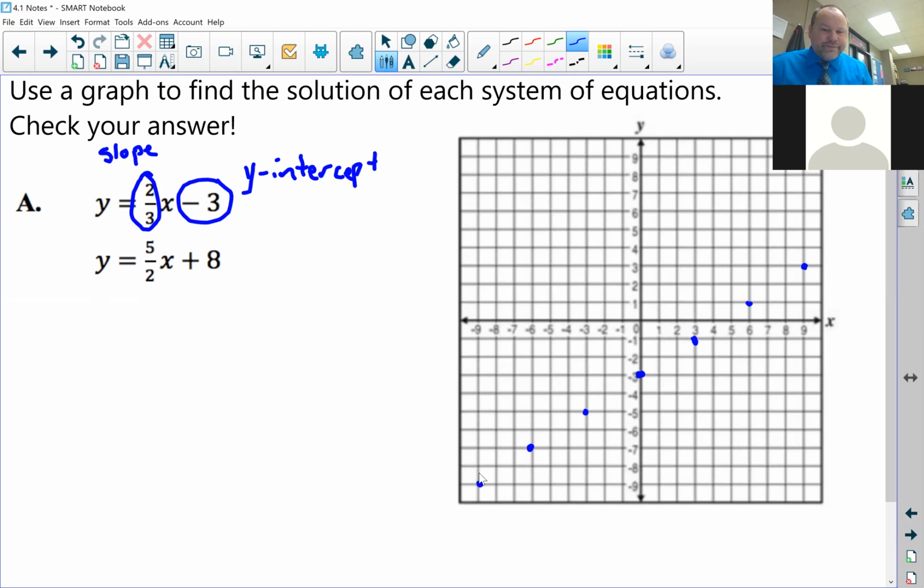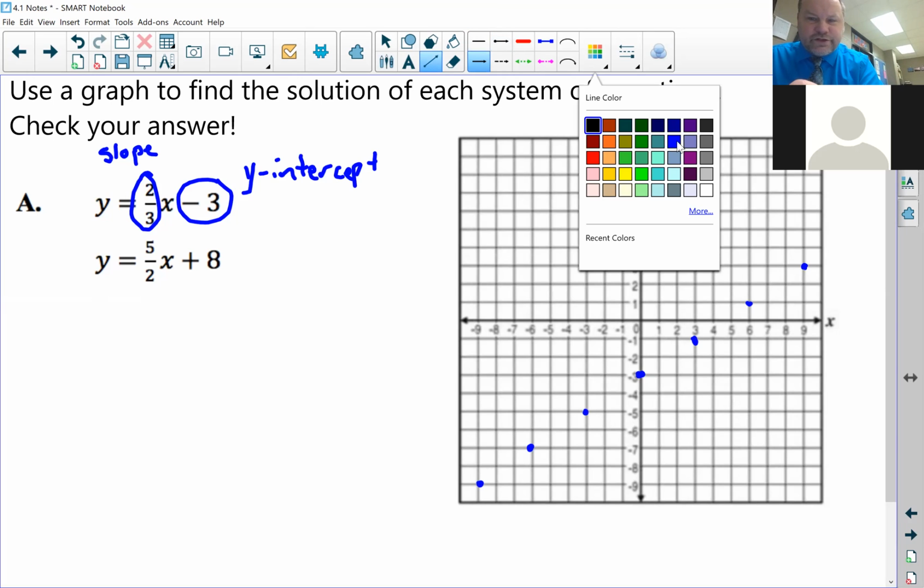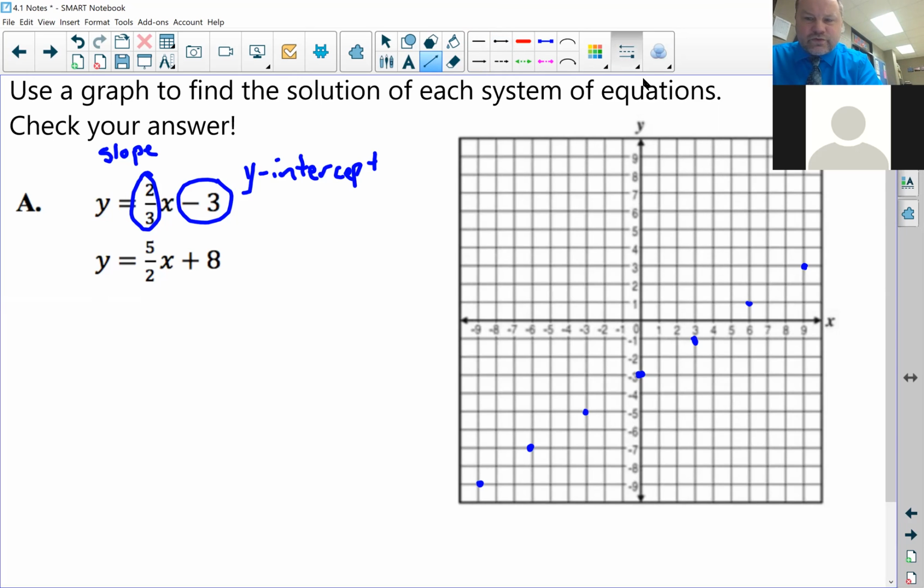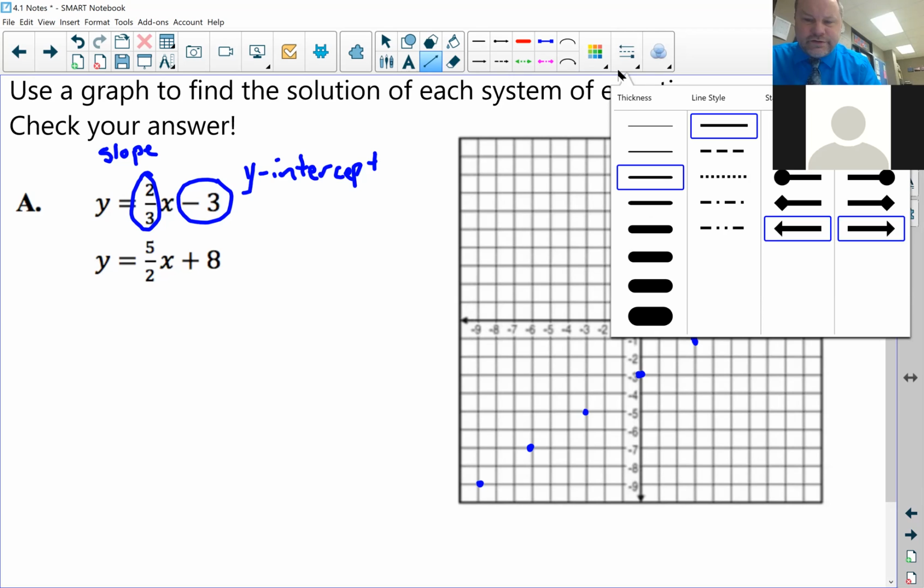And the key for solving by graphing is making a large graph. So you'll see I'm going to use as much of the grid as I can.